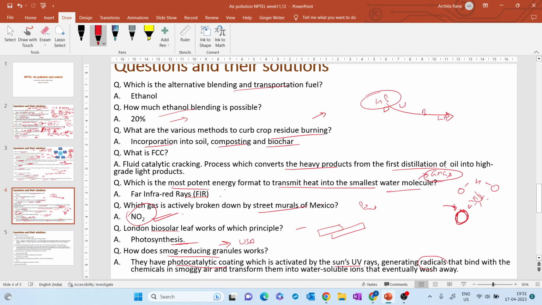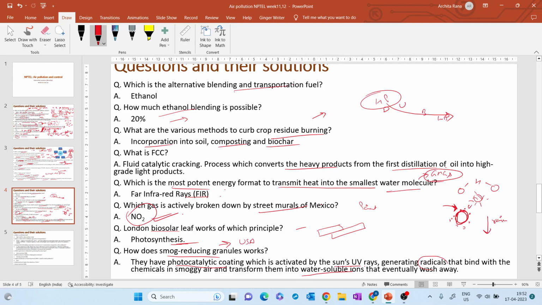They have these tiny radicals all over their surface because of this photocatalytic coating. And then whatever chemical or secondary product there is in the atmosphere or air which comes in contact with these granules, that is transformed into water soluble ions, and that washes away in rain.